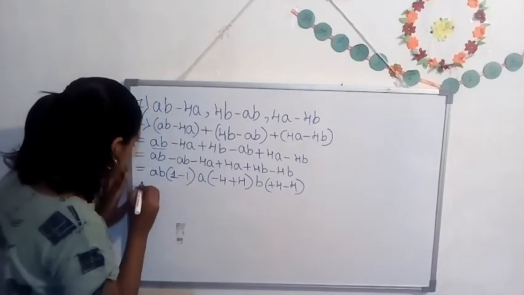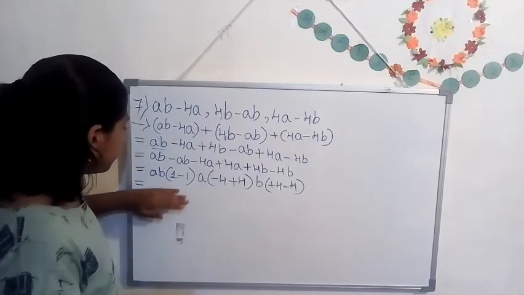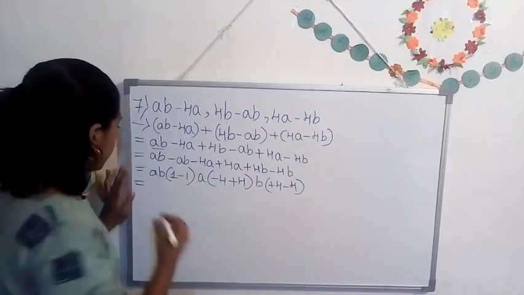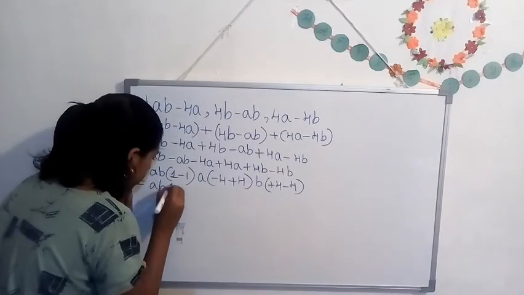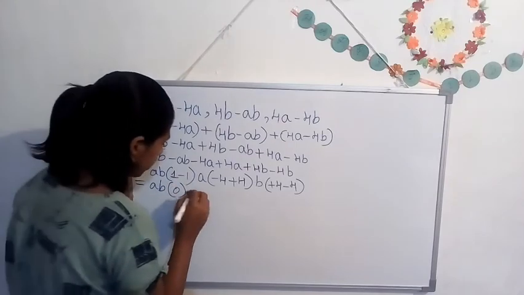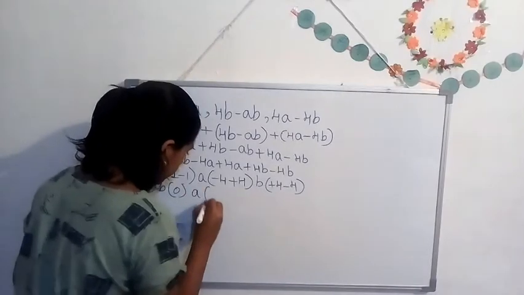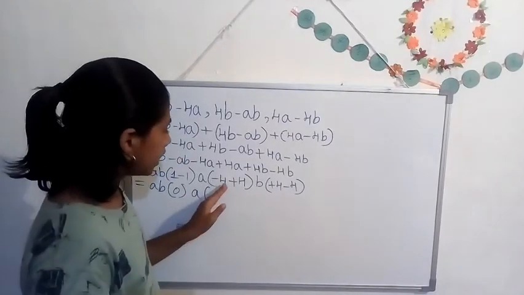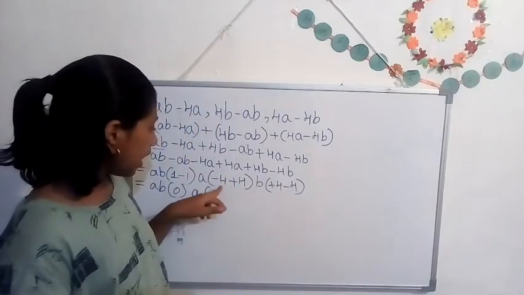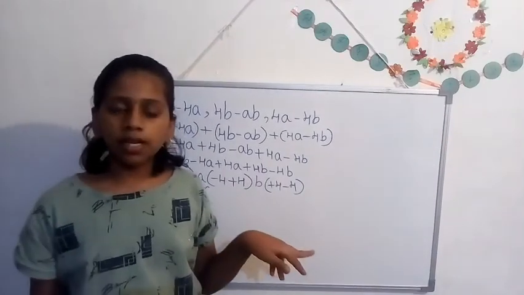So here we have written it in the common factors now. Now I am going to write it in the simplest way by solving this problem. As it is, AB here and 1 minus 1 becomes 0. And here A is the common factor, and minus 4 plus 4 becomes 0, because minus into plus becomes minus, and 4 minus 4 becomes 0.